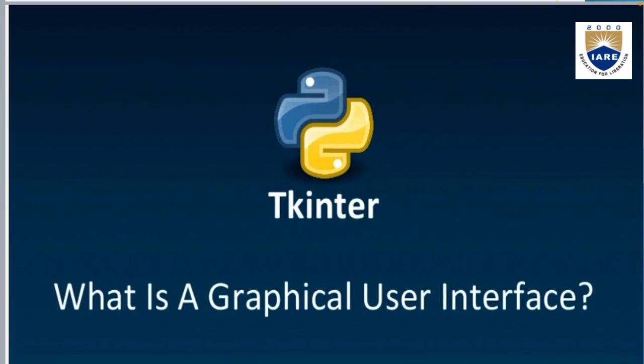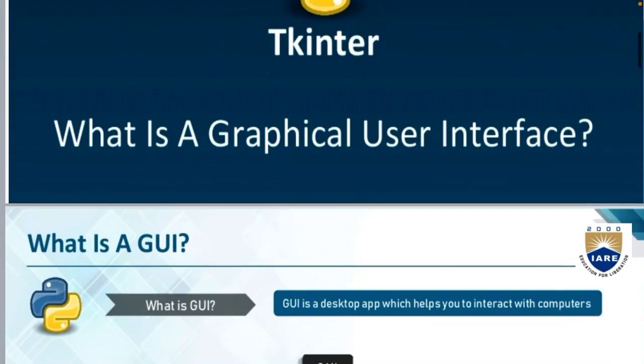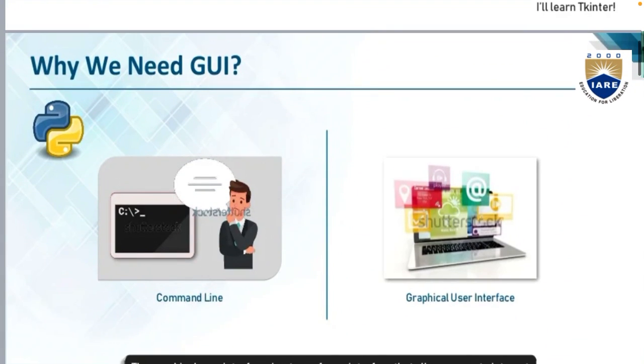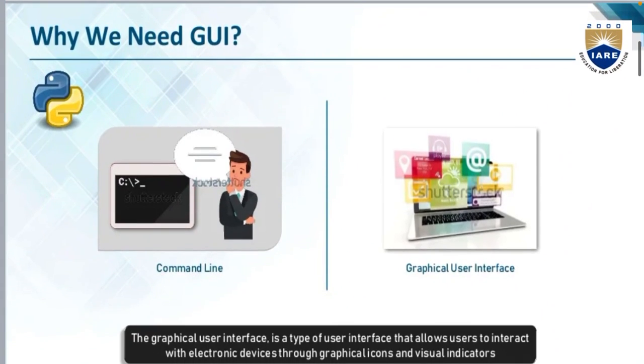What is a graphical user interface? A GUI is a desktop app which helps to interact with computers. For example, a text editor, games, apps, and social media like WhatsApp, Facebook, Instagram, etc. Why do we need GUI?